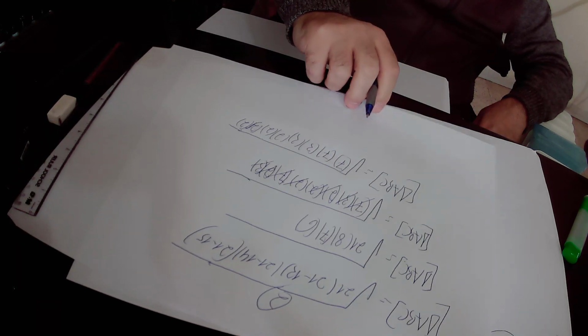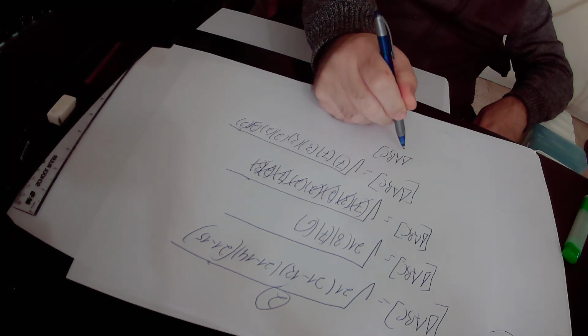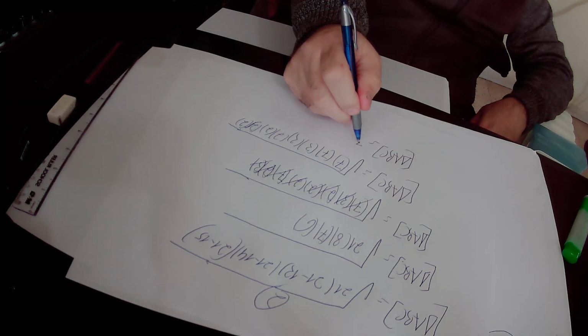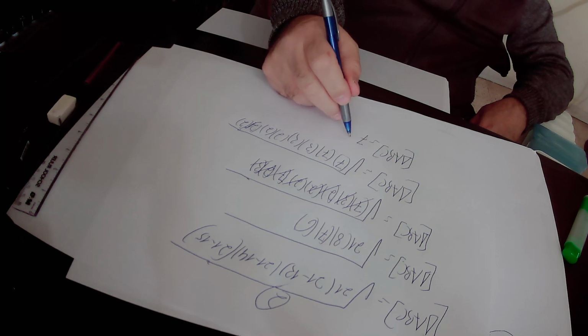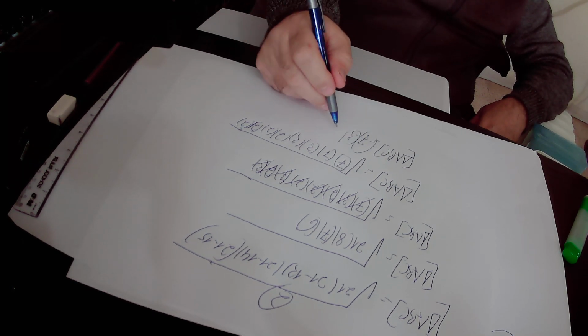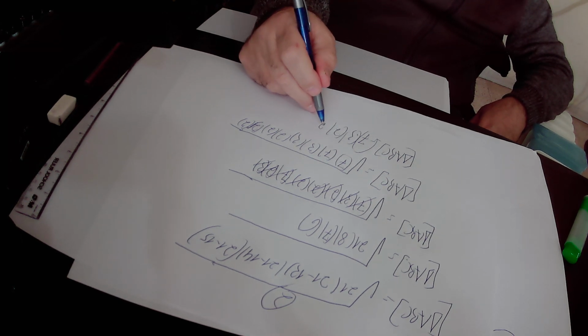So the area of triangle ABC in total, according to the new formula, is equal to the square root of 7 times 7 is 7, times the square root of 3 times 3 is 3, times the square root of 2 times 2 is 2, times the square root of 2 times 2 again is 2.